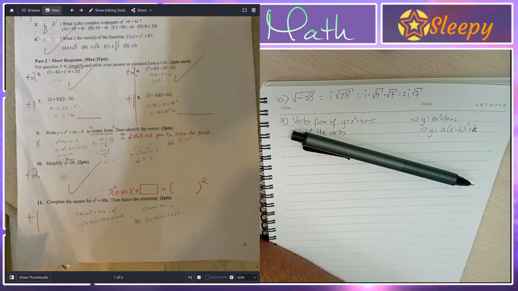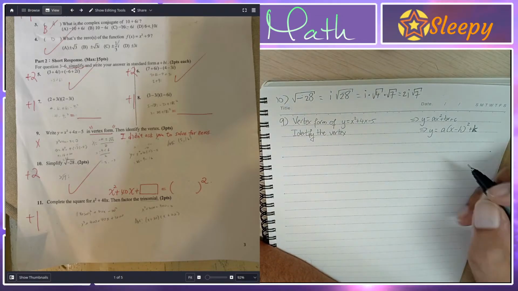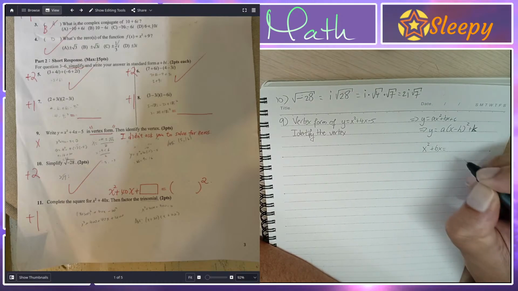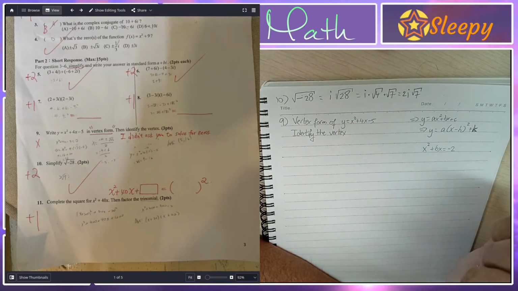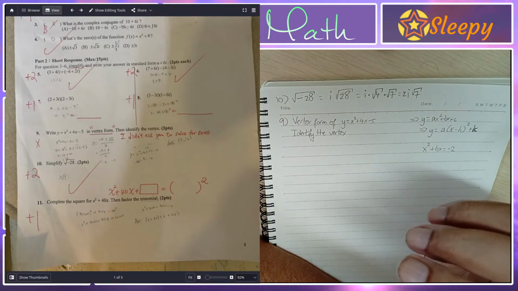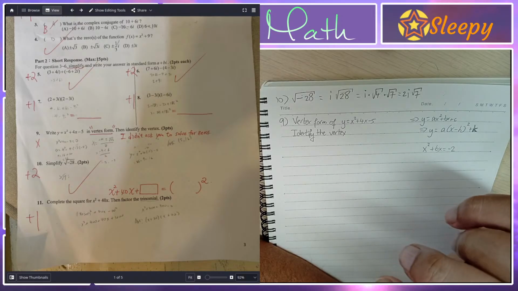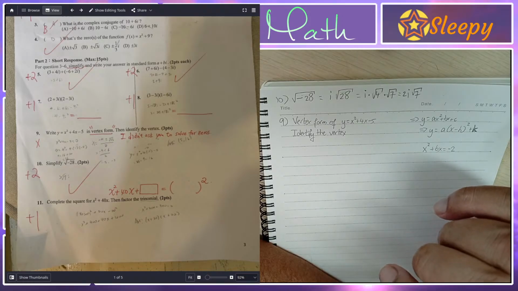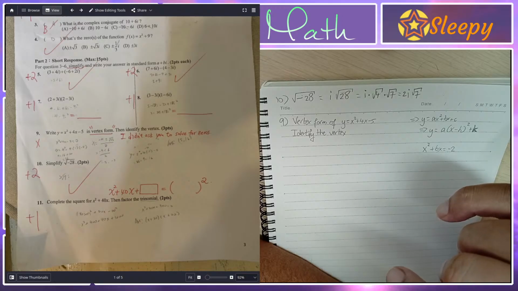There is an example here online. x squared plus 6x is. Hang on.